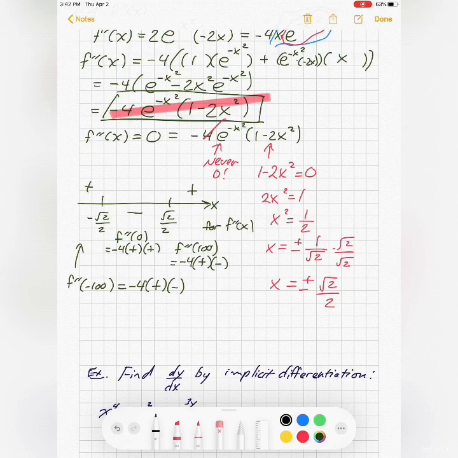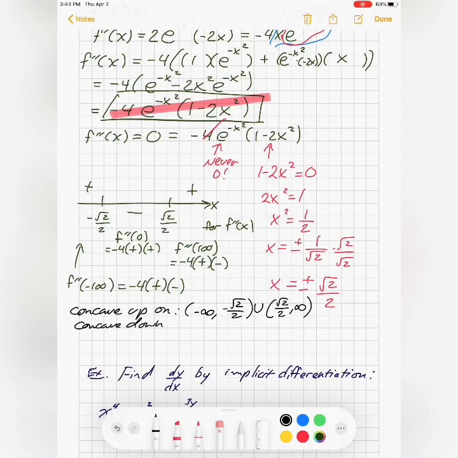Okay, so what is my conclusion? Concave up on -infinity to -√2/2, and again √2/2 to infinity. Concave down in between -√2/2 and +√2/2. There's that.